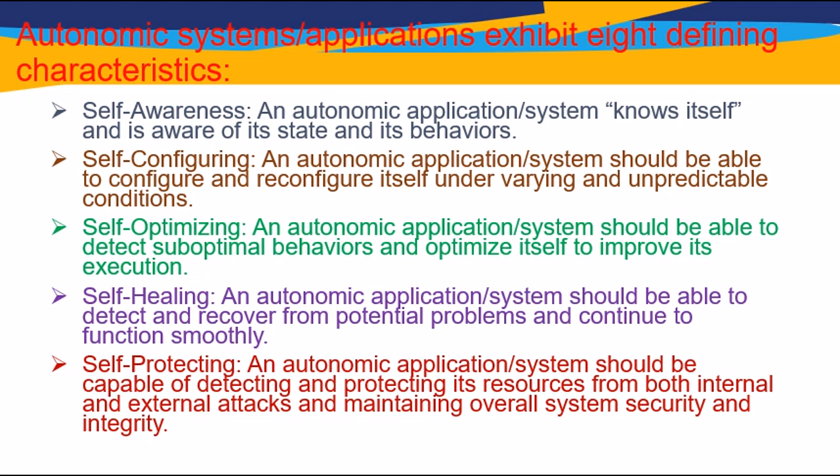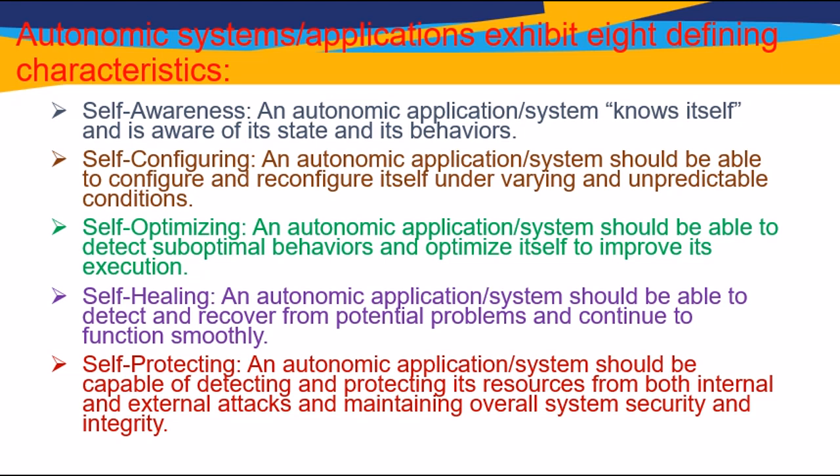And self-optimizing: an autonomic application system should be able to detect suboptimal behaviors and optimize itself to improve its execution and performance. And self-healing: an autonomic application system should be able to detect and recover from potential problems and continue to function smoothly.